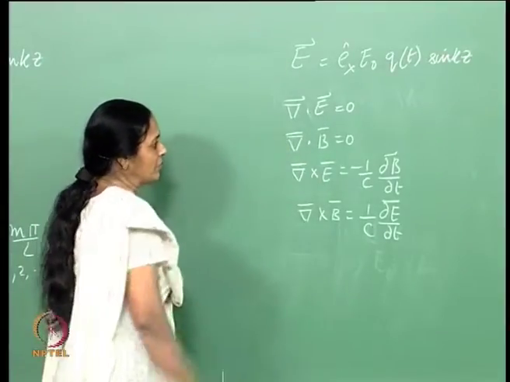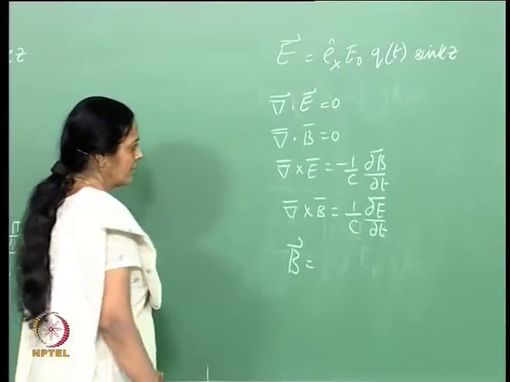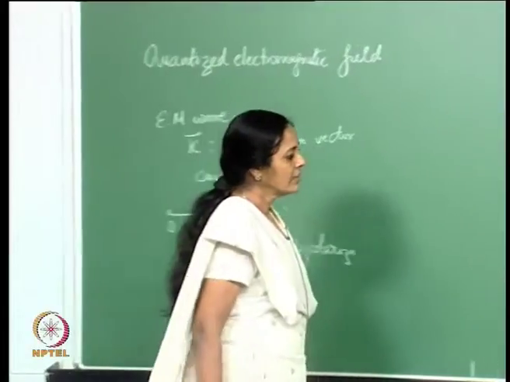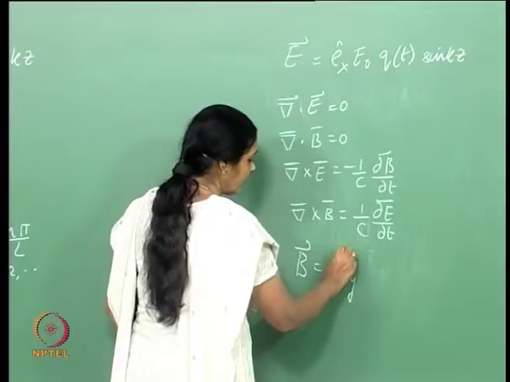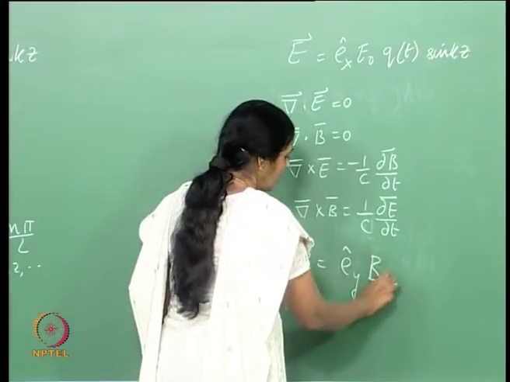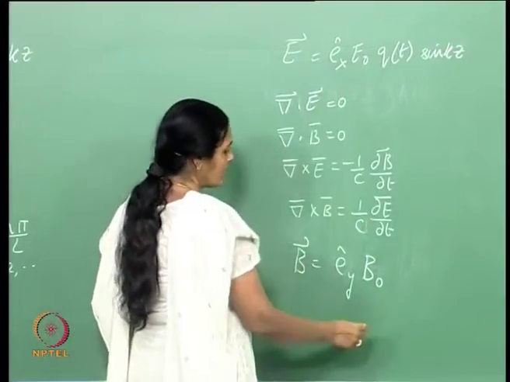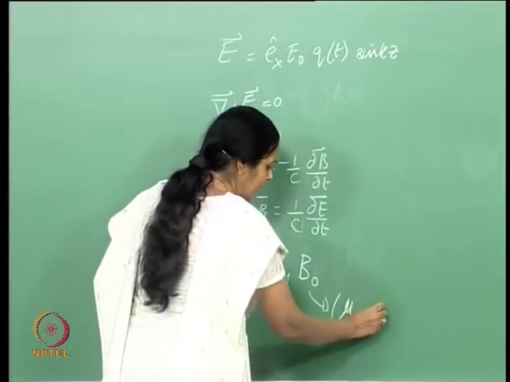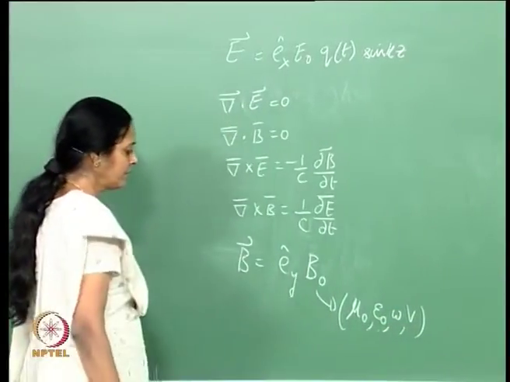Given this electric field, I can write down the magnetic field. Since the propagation direction is along the z-axis and the electric field is along the x-axis, the magnetic field is along the y-axis. There is B naught, which is analogous to E naught, and it is clearly a function of the magnetic permeability, epsilon 0, omega, the volume of the cavity, and so on.